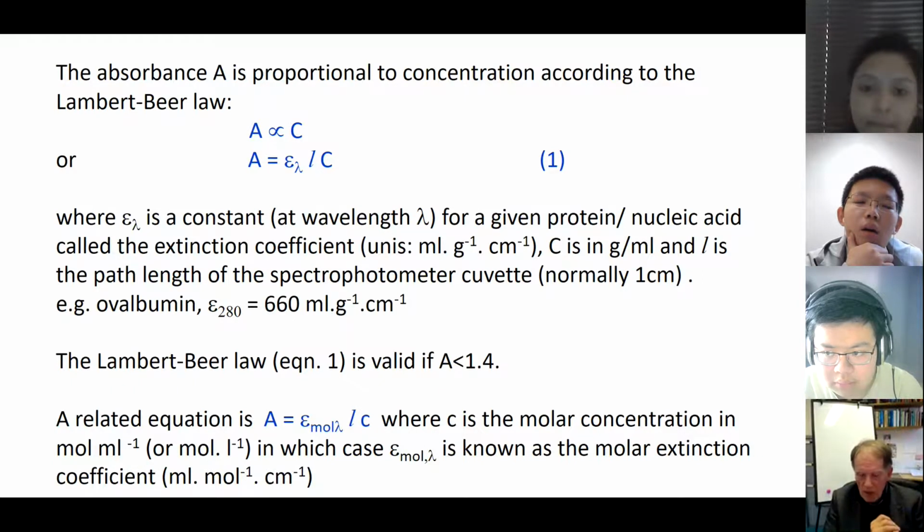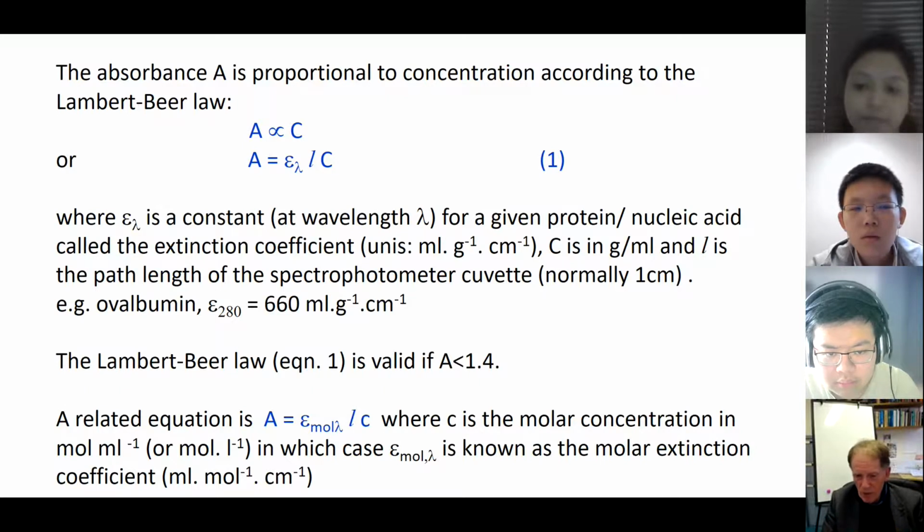Measure the absorbance of that aliquot, and so long as it's between 0 and 1.4, you can record the absorbance and then multiply by the dilution factor.